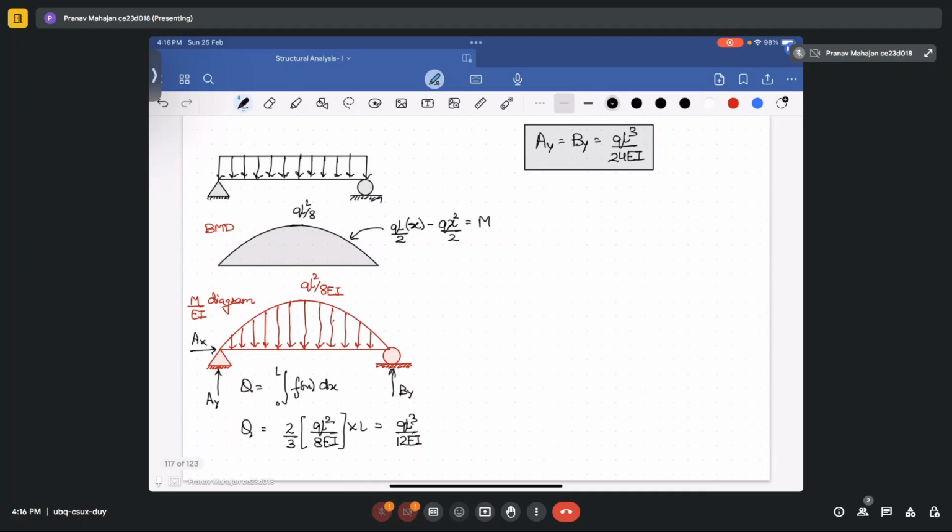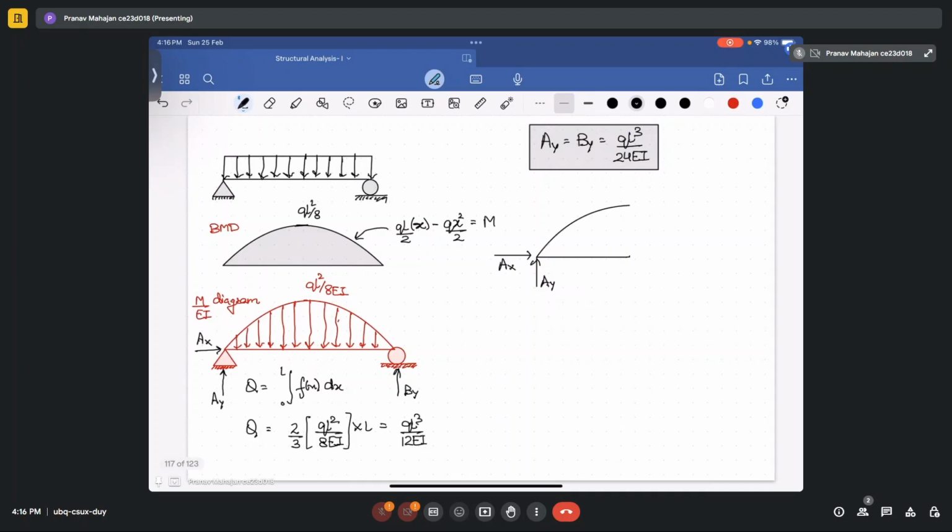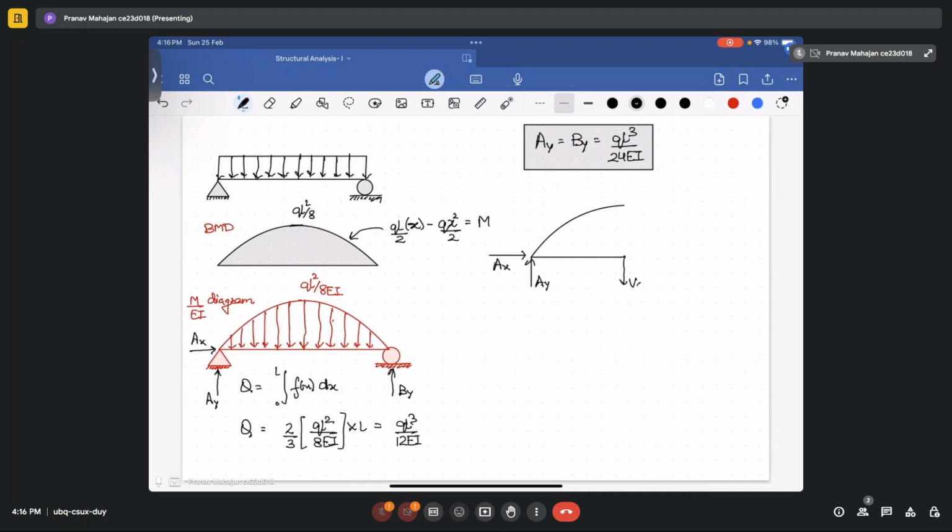Now if you want to find the bending moment of this, it will be like this. This is your AY, AX will be equal to 0. At any particular point C, suppose this is your shear at that particular point, and this is your bending moment at that particular point.